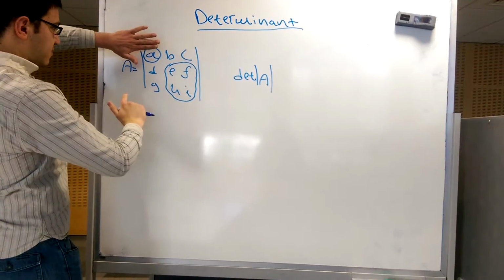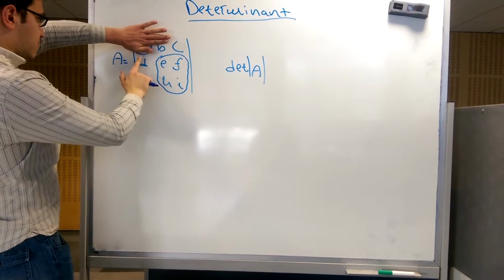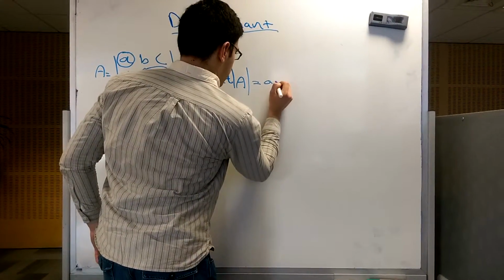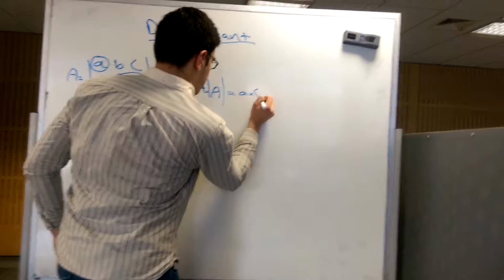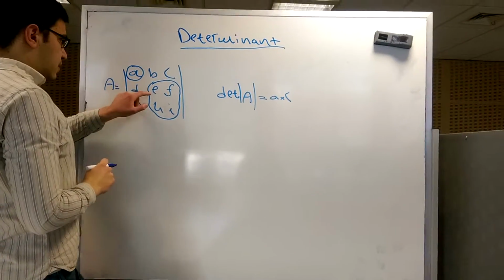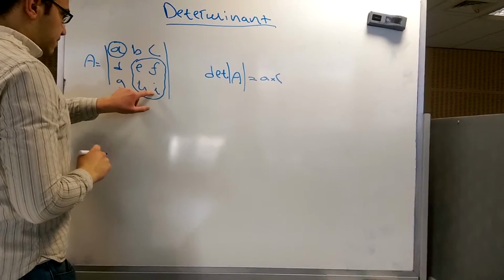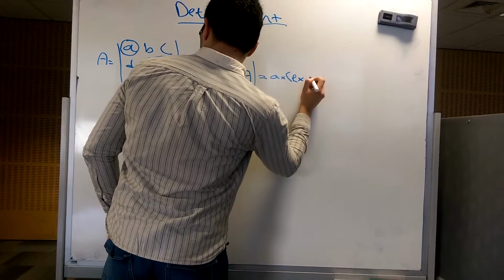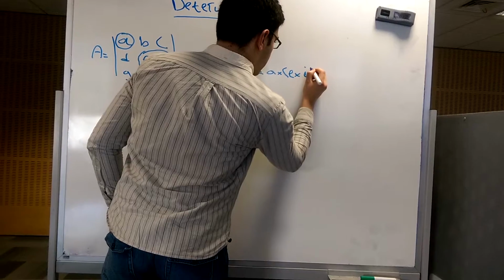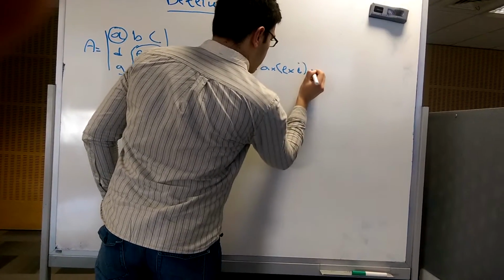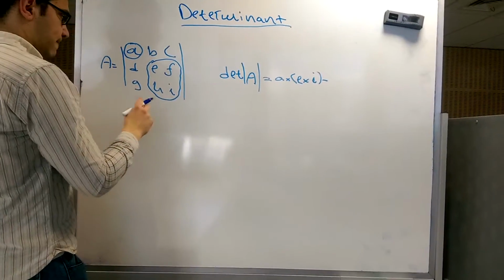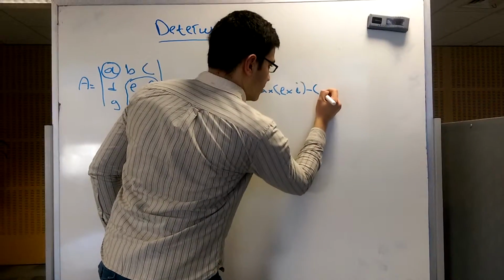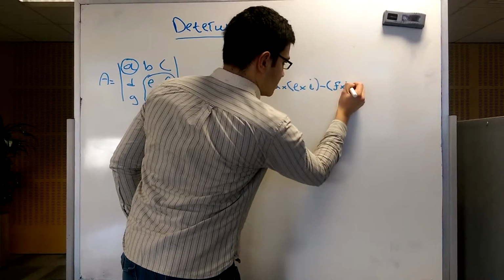So you have to cover this row and this column, and you say A times E times I minus F times H.